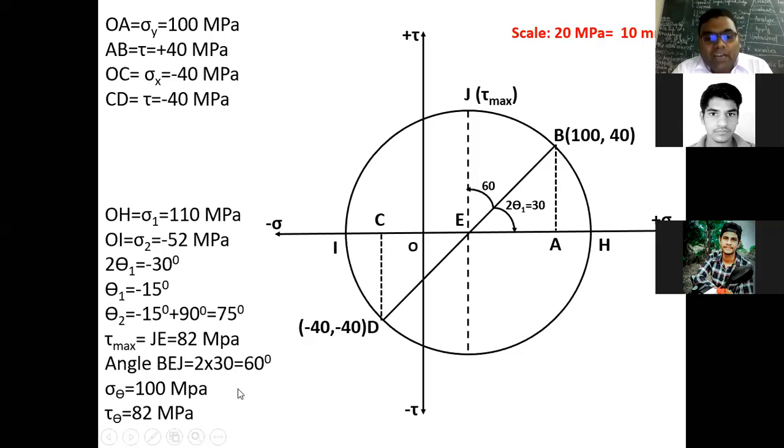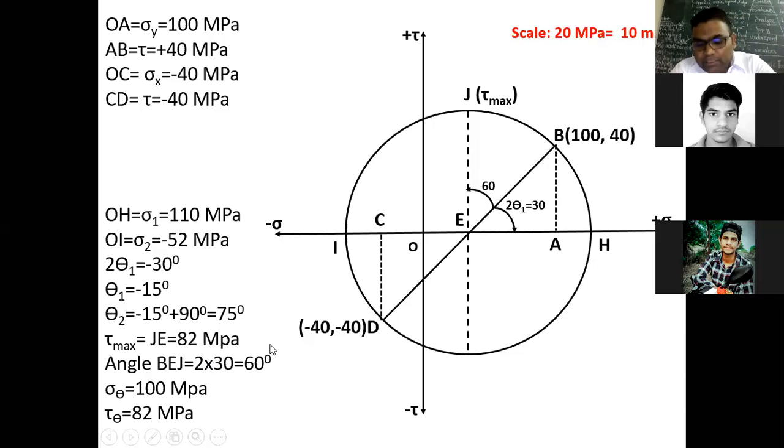Okay, now we need to calculate the stresses at the inclined plane. The angle is given in the question, that is 30 degree. So then 30 degree, how to calculate it? Just double that value. So you will be 60, you measure the 60.